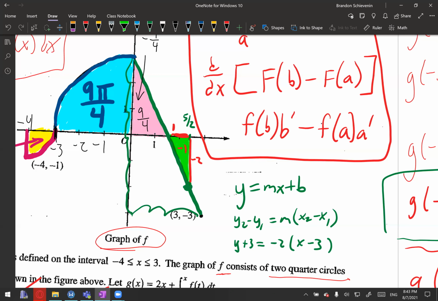Nani, I'm going to take this triangle and we're going to change it. I'm going to extend this area to here.